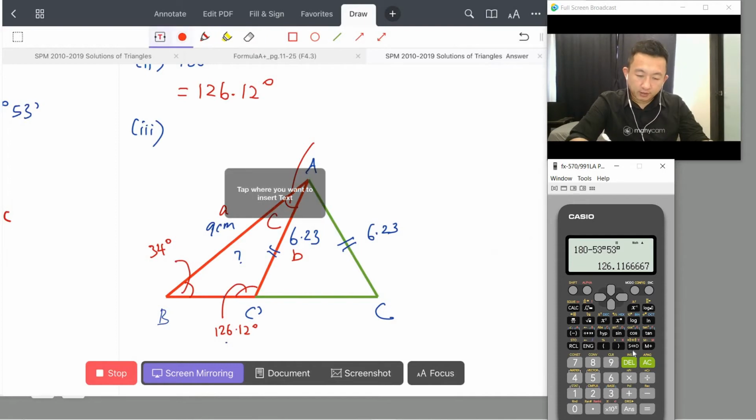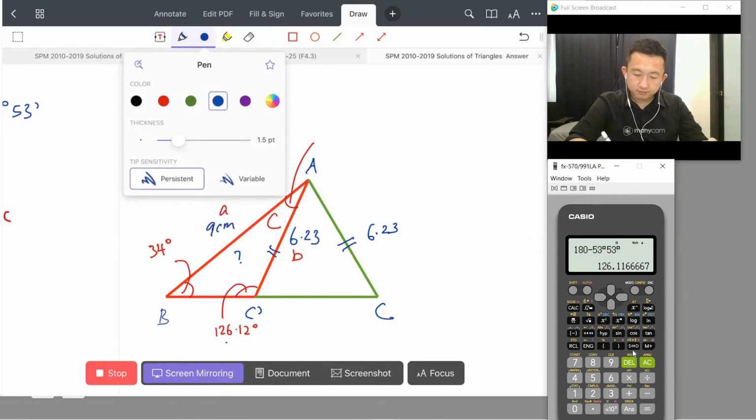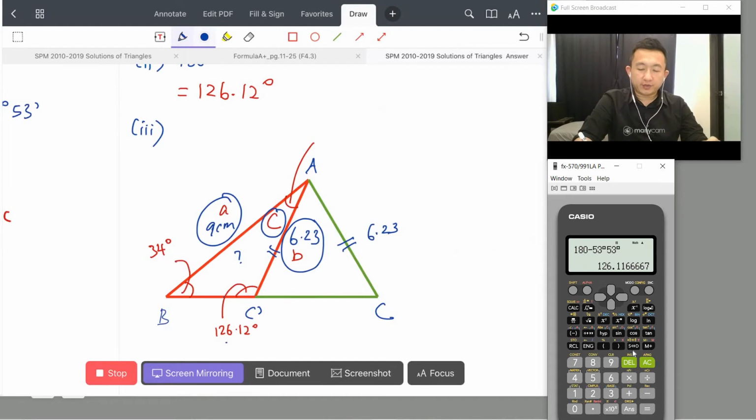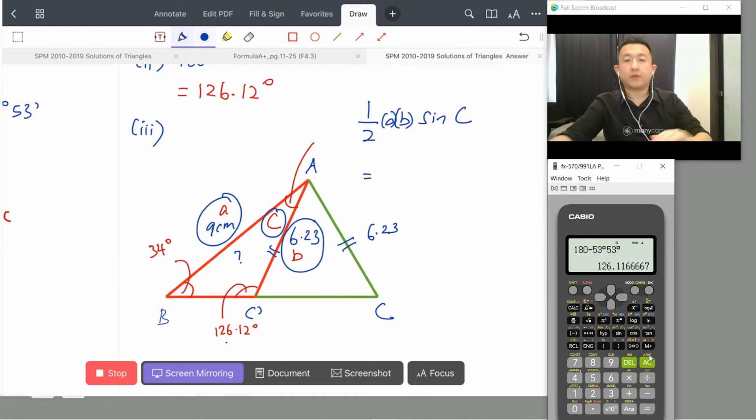Because I want this to be regarded as angle C, because you have side a and side b over here, so that we can apply this formula. To find that one, that will be 180 minus 126.12 minus 34, and you have 19.88.